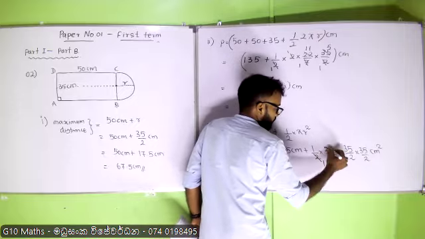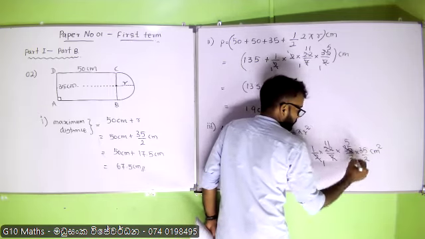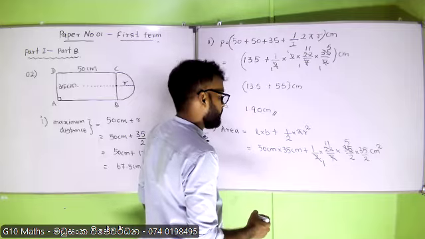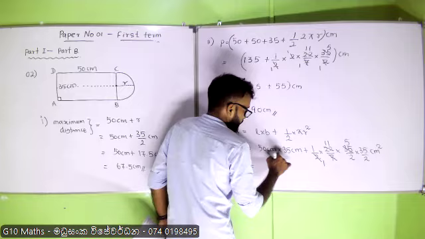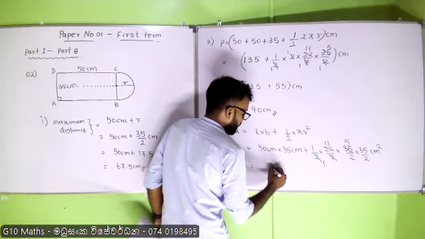2 times 1, 2 times 11. 7 times 5, 1, 7 times 5. I can't simplify further. 50 into this, 0. 5 times 5, 25.